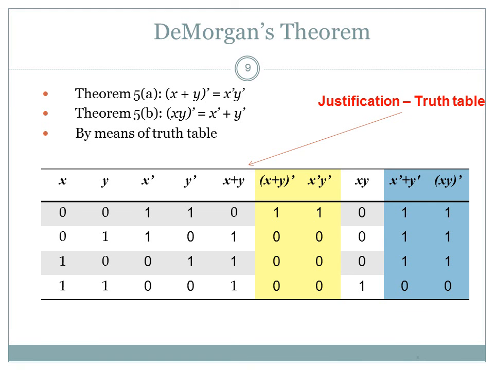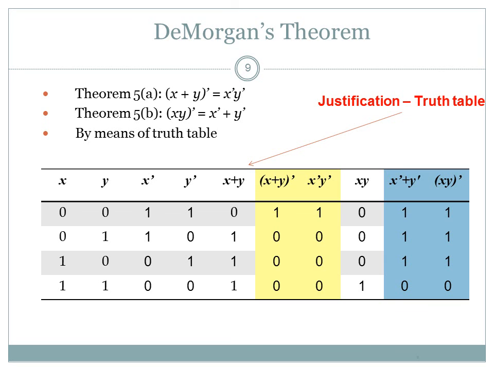So one way to justify this calculation is by using the truth table. In fact, for example, I have included here only the truth table for the De Morgan theorem. We have two variables, x and y.